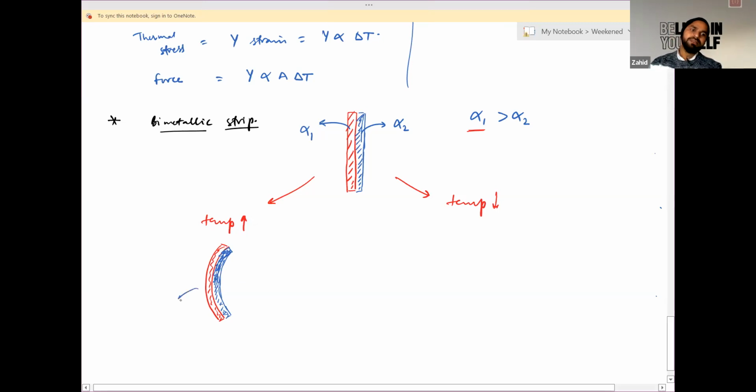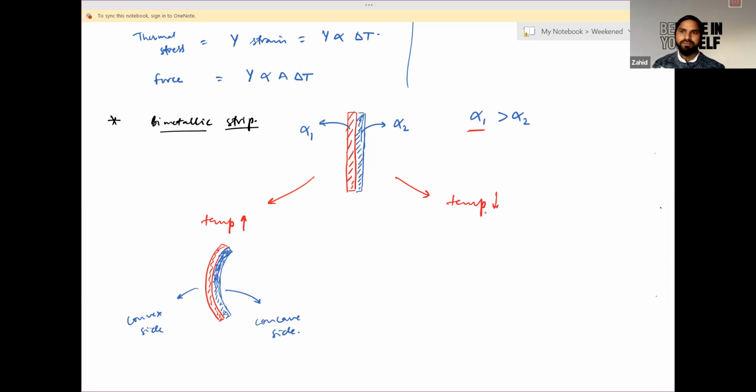If you are asked which rod will be on the convex side, you will say the red one will be towards the convex side and the blue one towards the concave side. The next question will be, if you decrease the temperature, what will happen? Which will go towards concave or convex?